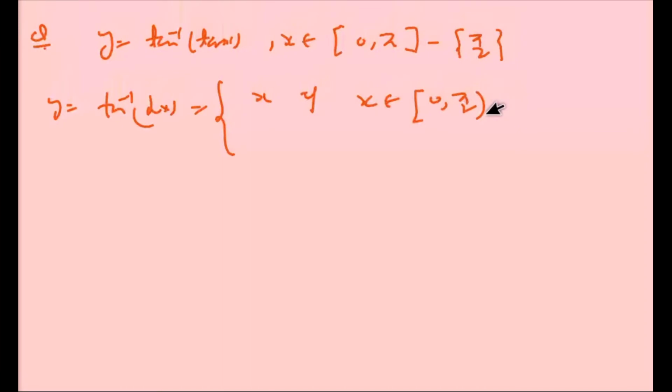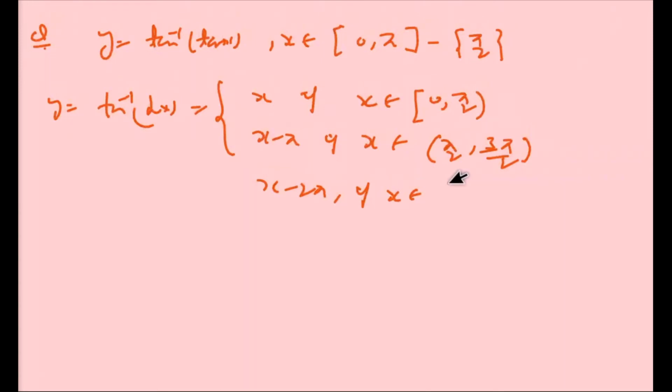So it will be taken as x here, or x minus pi if x belongs to pi by 2, not including, to 3 pi by 2, 3 pi by 2 also not including, and x minus 2 pi if x belongs to 3 pi by 2 to 5 pi by 2 and so on.